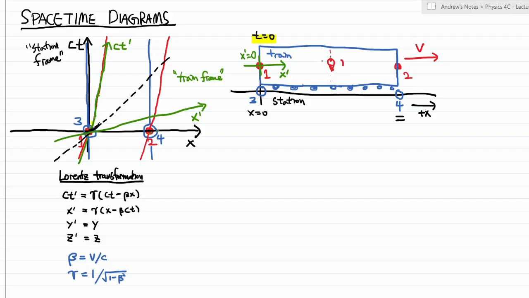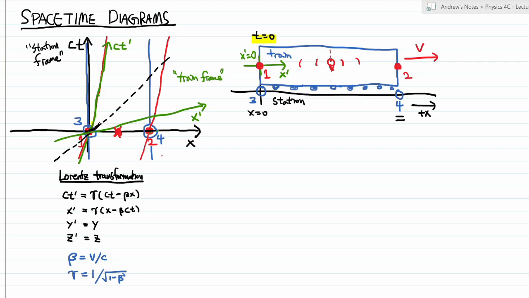Then the light propagates in all directions at speed c. And we gave a description of that before without use of a space-time diagram. So this time, let's give that description with the use of a space-time diagram. This is the space-time event where the light bulb goes off.